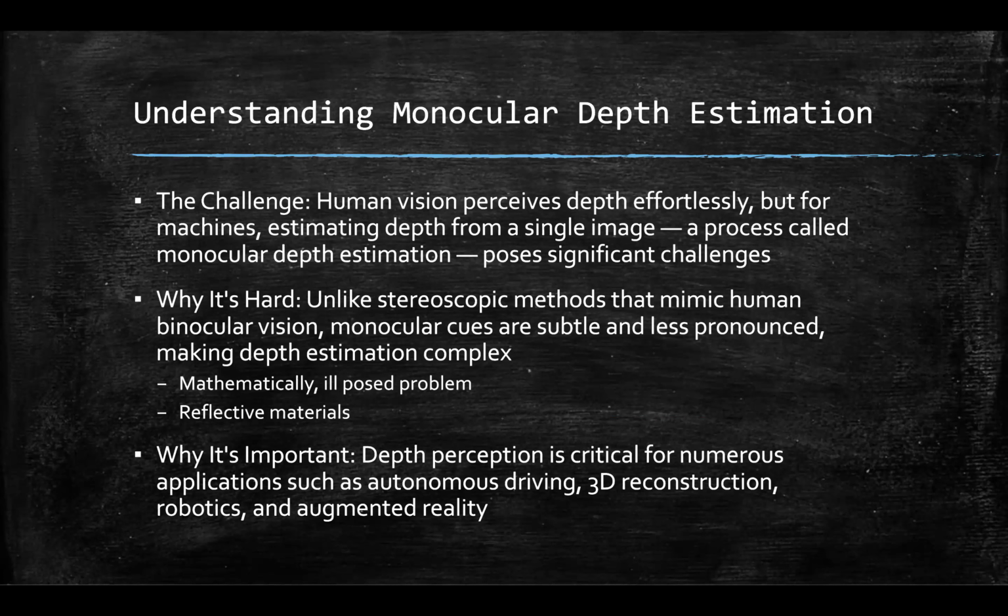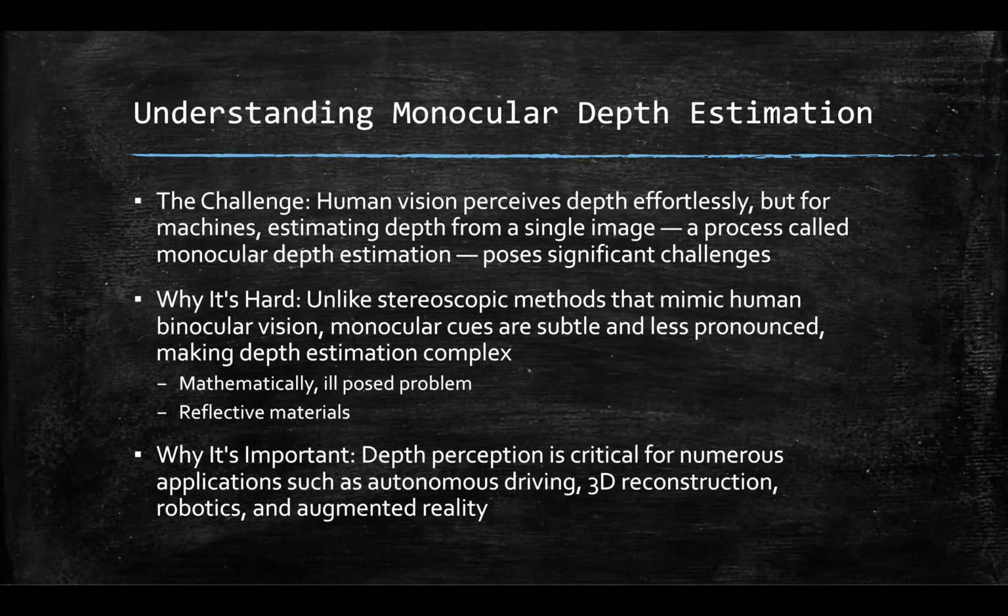Unlike stereoscopic methods that can mimic human binocular vision, monocular cues are subtle and less pronounced, making depth estimation complex. Also, if you look at it mathematically, if you imagine 3D space and a ball centered around the z-axis, and you move it up and down along the z-axis, the projection on the xy plane is always the same.